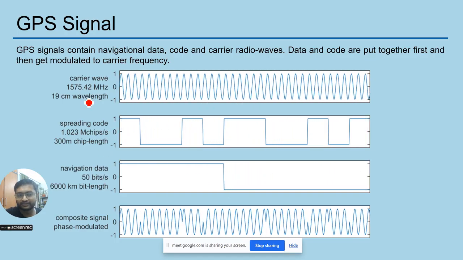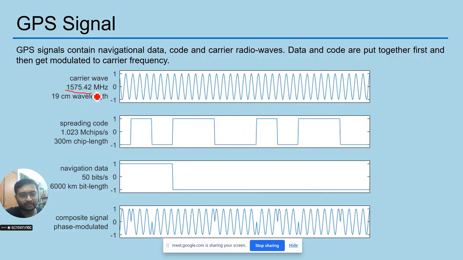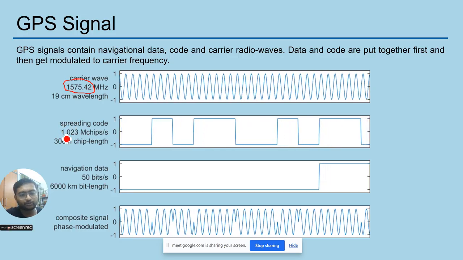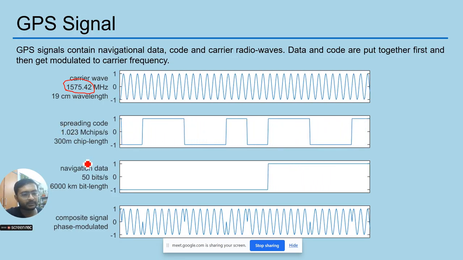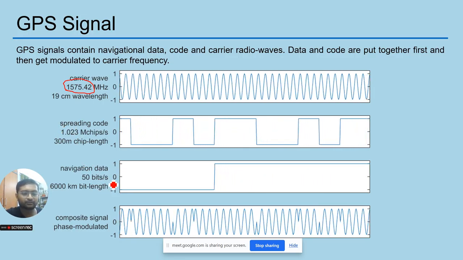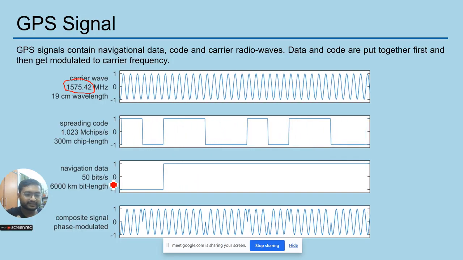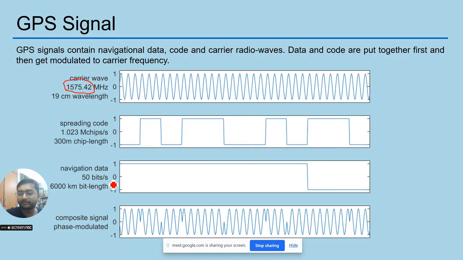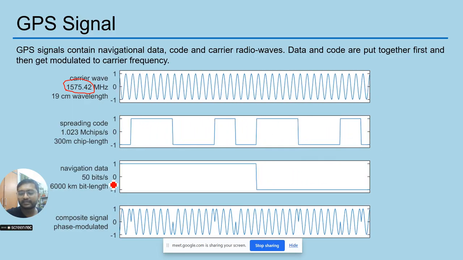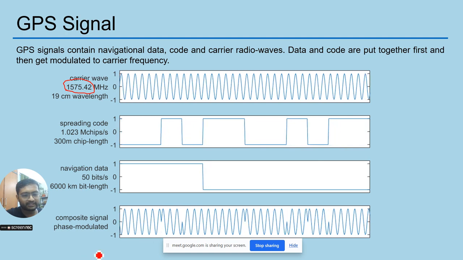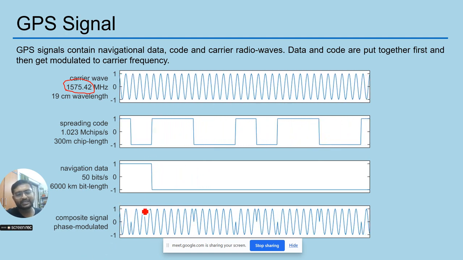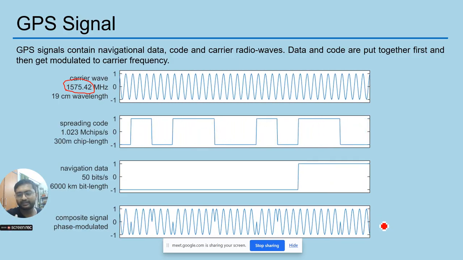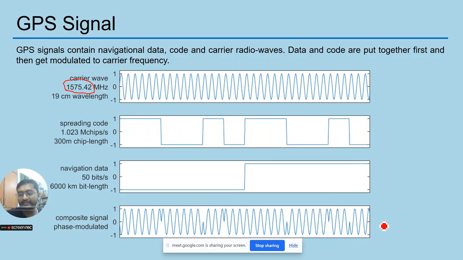This is the wavelength corresponding to the L1 signal, and this is similar to the C/A code and P(Y) code. Then there is navigational data. All the details about the satellite and nearby satellites are collected using this navigational data. At the end, what we get is a composite signal, which looks like this. When we receive the signal, it looks something like this.